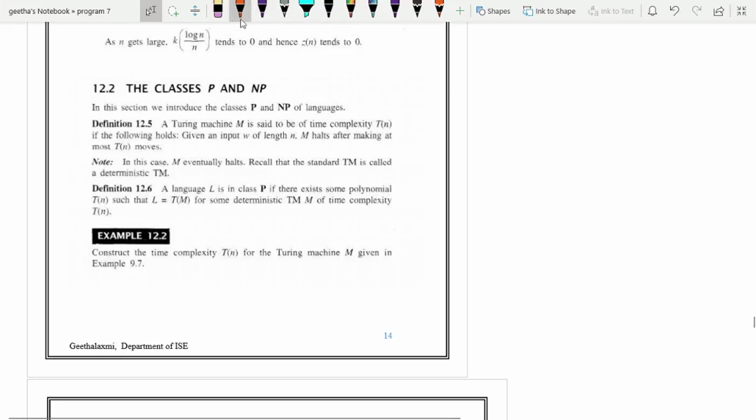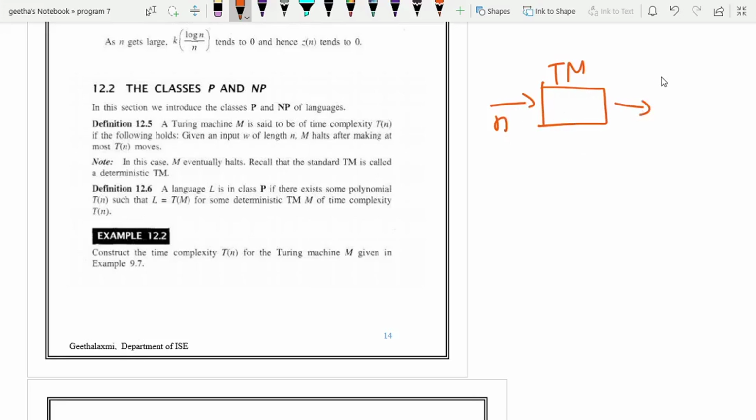You supply an input to a Turing machine, and the length of the input is n, and if this Turing machine halts after making at most T of n moves, then you can say that the Turing machine is said to be of time complexity T of n.